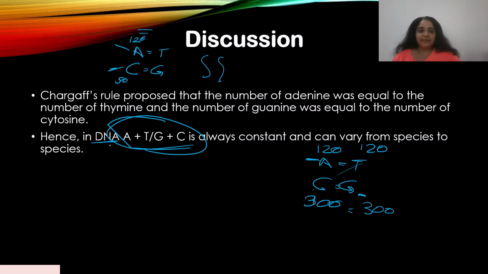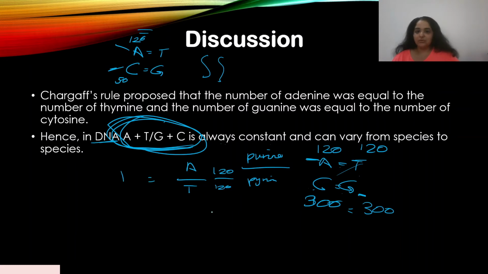Now A over T, if you take the ratio 120 over 120, will always give you 1. If you take a ratio of G over C, 300 by 300 will always give you 1.